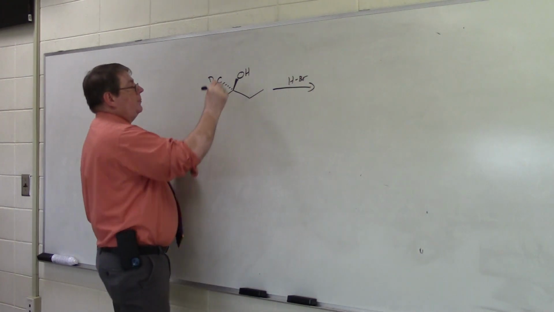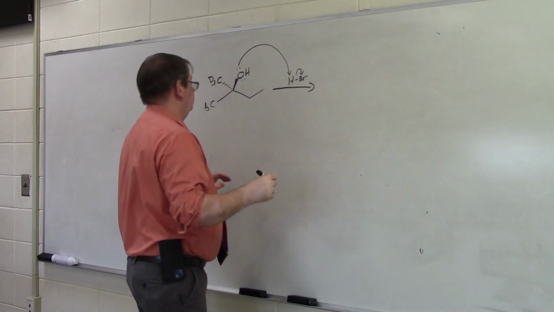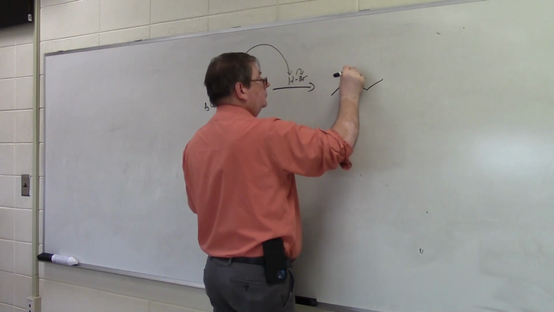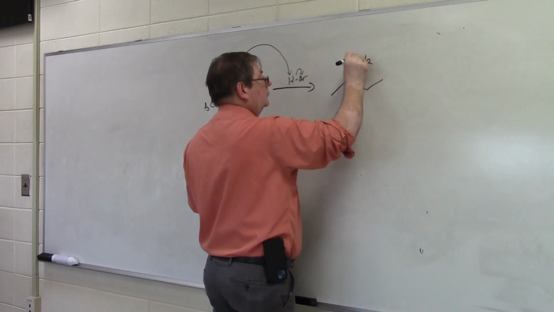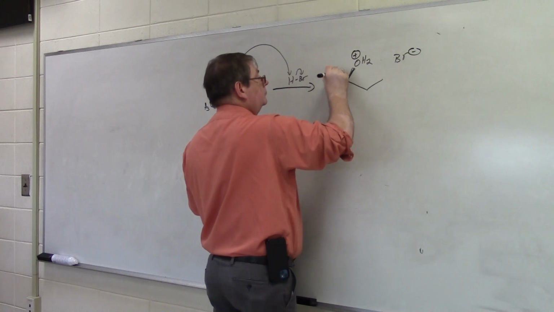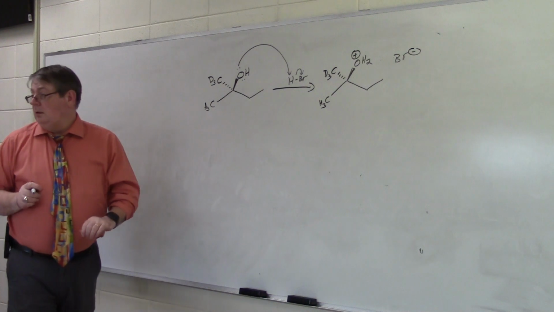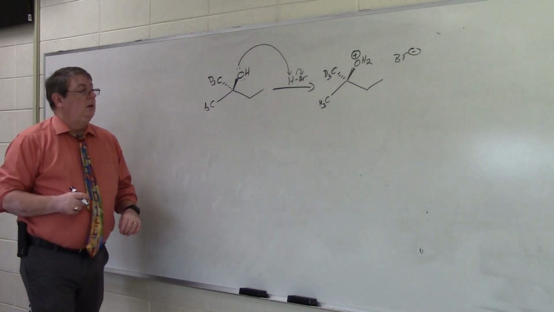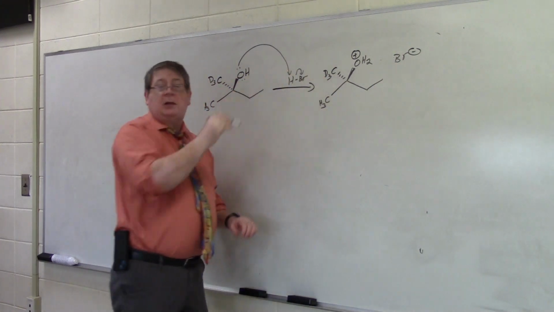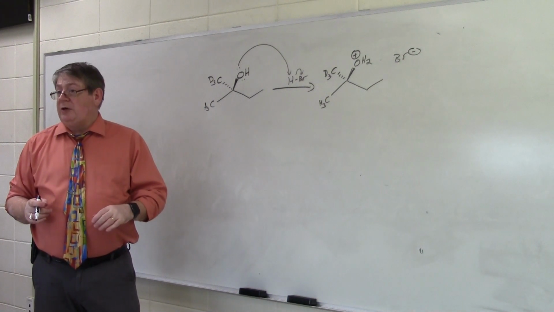I know that the first step of the reaction is for the oxygen to get protonated. Right? That's the first step. And now I know that the bromide cannot come in from the backside and push out the OH2 because it's too crowded, right? It's a tertiary center.